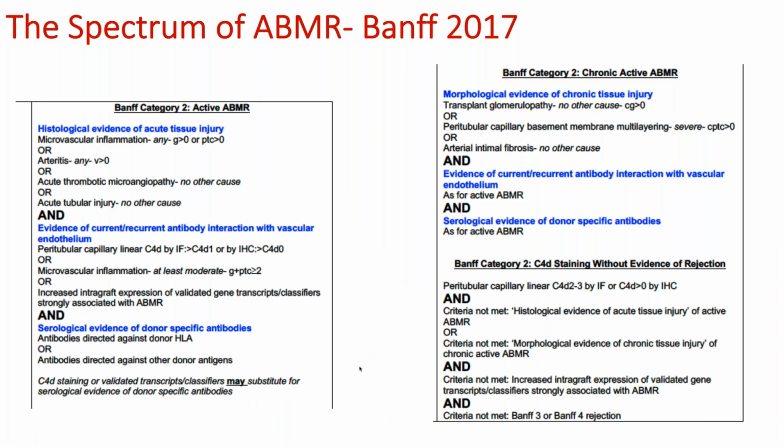So what is the spectrum of ABMR? Now, when we say antibody-mediated rejection, and I had used the word in the previous slide, chronic active antibody-mediated rejection, can we really separate antibody-mediated rejection into an acute and chronic? Probably not, especially based on the fact that the current definition of transplant glomerulopathy involves electron microscopy.